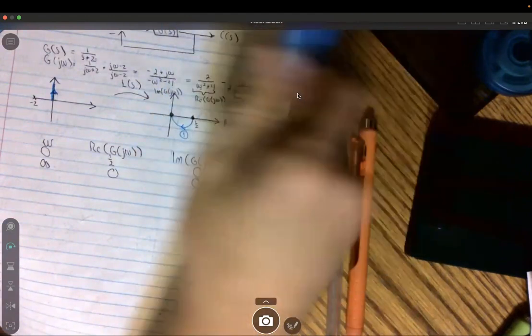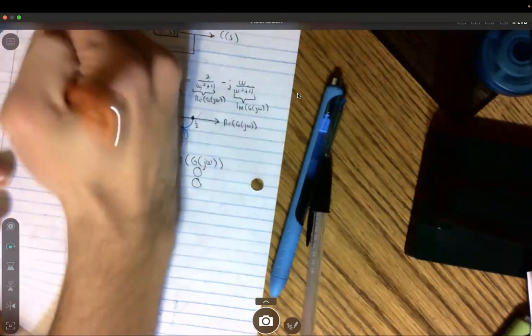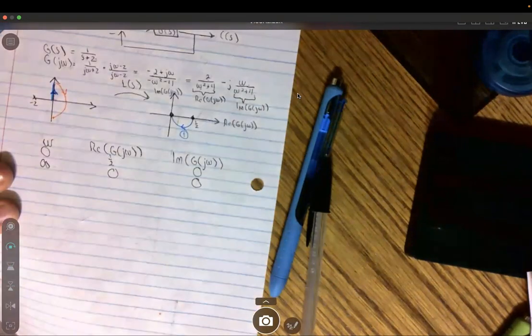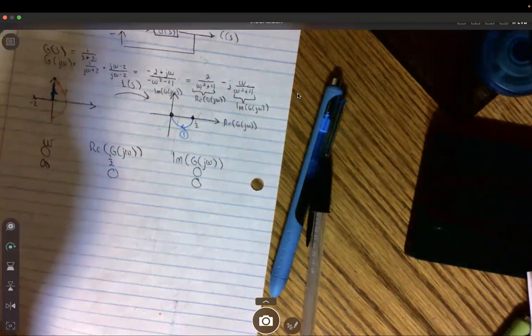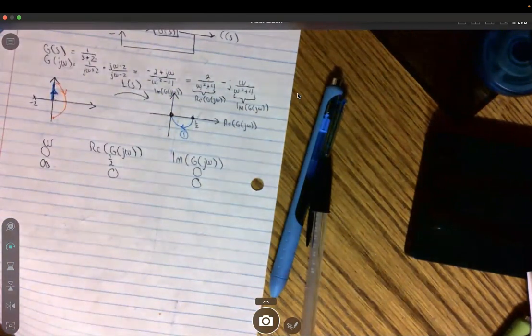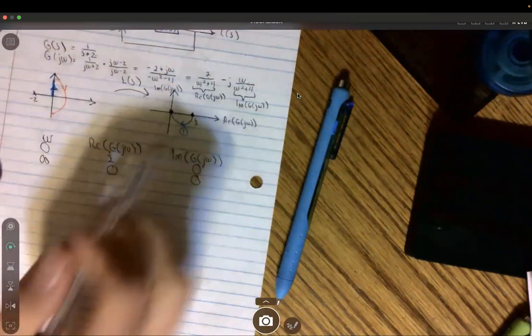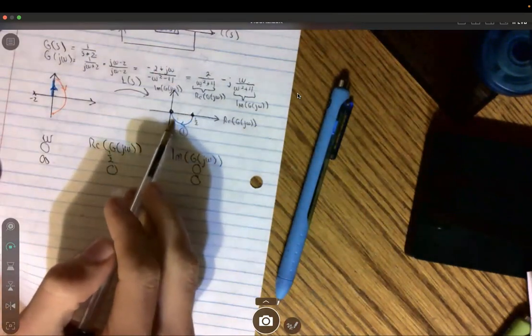Our next segment is going from positive infinity downwards to negative infinity. As you plug in specific values, you can determine the angle as you increase it.